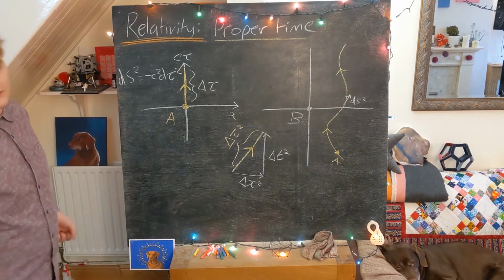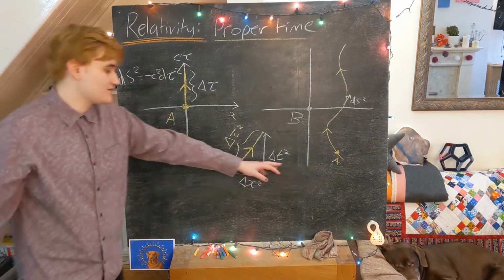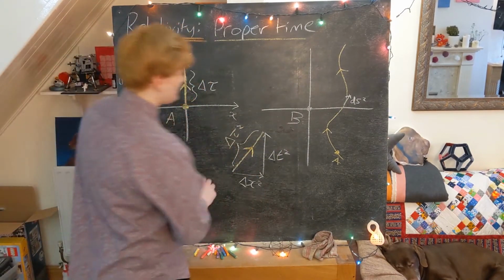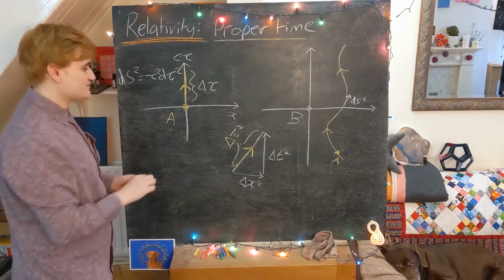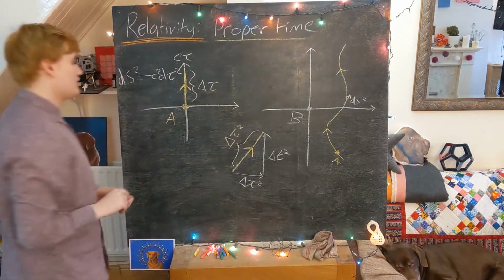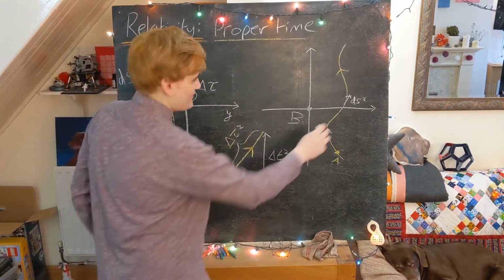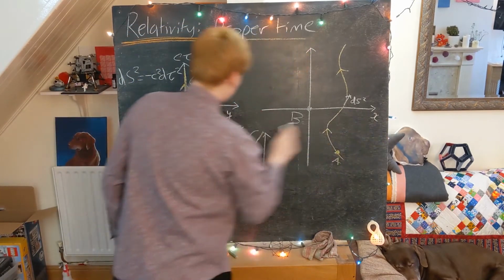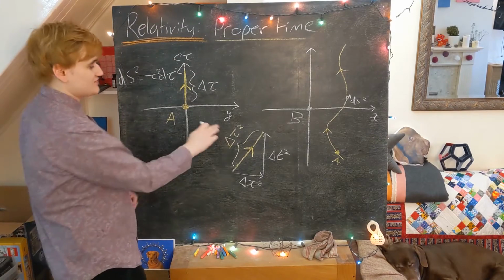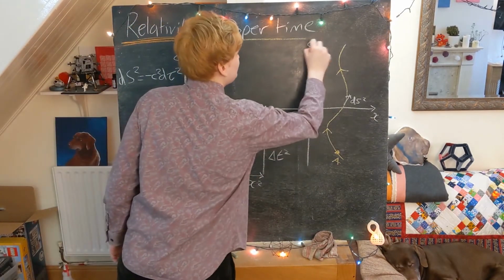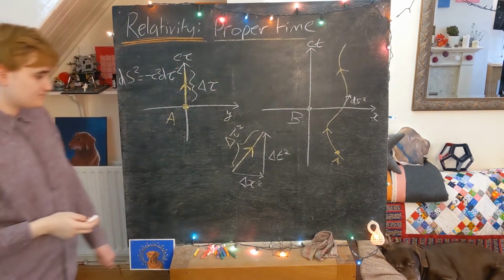But now we need to remember that these are the coordinate intervals that this B frame is measuring. So I think it would actually be better to call the coordinates of the moving observer y and ct, and the coordinates of the stationary observer are going to be x and ct.